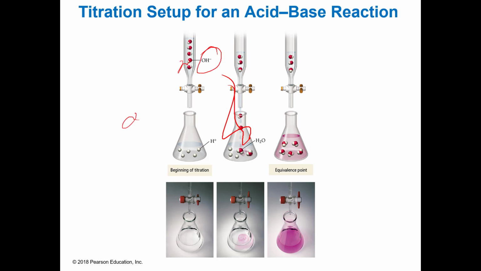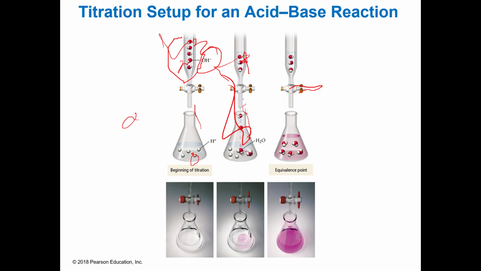Yeah, so the sodium hydroxide that's in the burette, that's your titrant. And then down below in the Erlenmeyer flask is the hydronium or hydrogen ion that's in the flask. Again, we know how much sodium hydroxide is here, or what the concentration of it is. And we know how much is going to be dispensed.